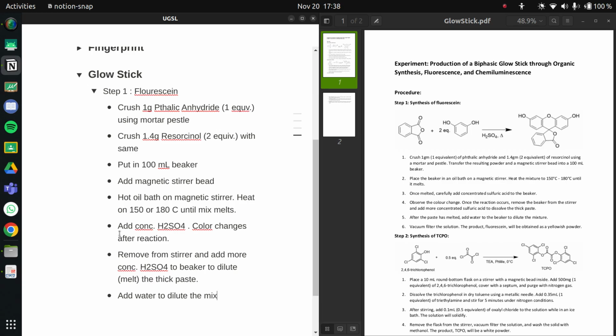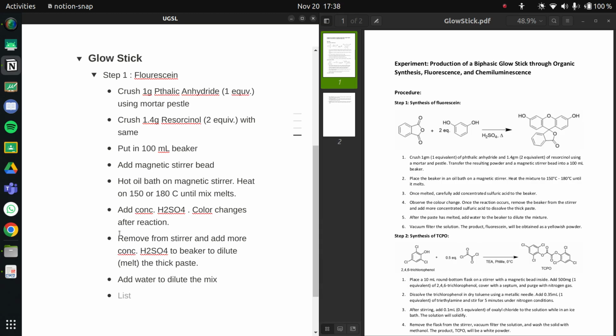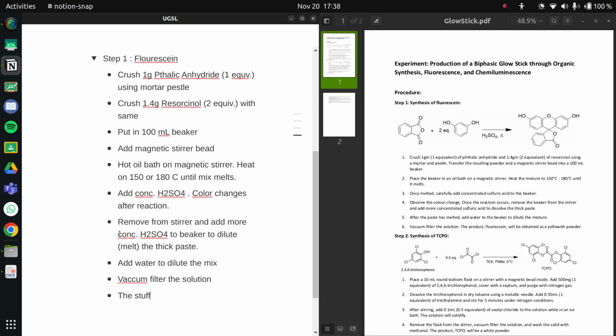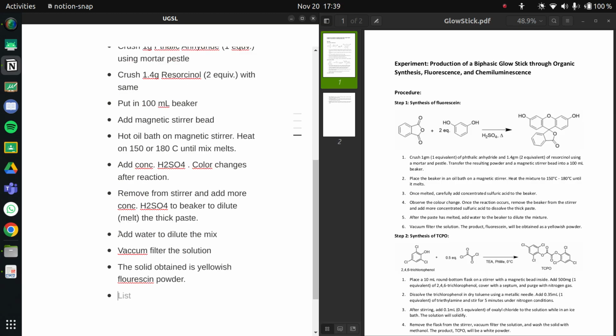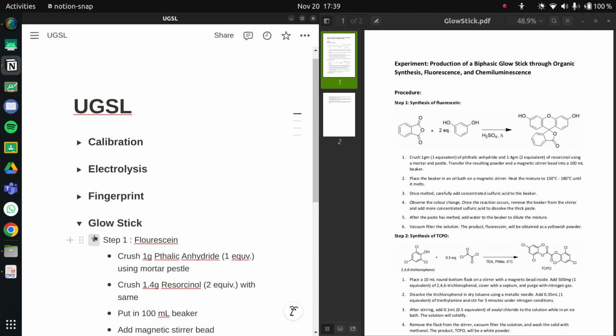So first we'll add concentrated acid so that the reaction occurs really nicely, and then you'll add water to it. That's step 1.